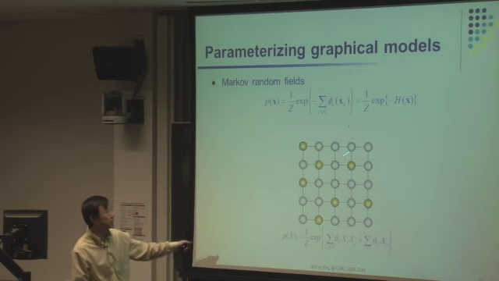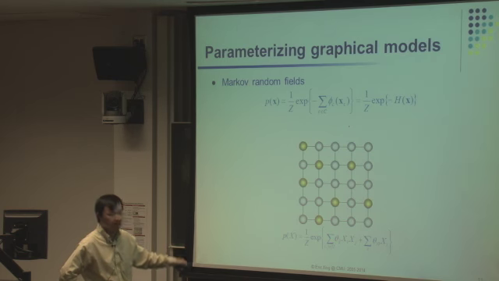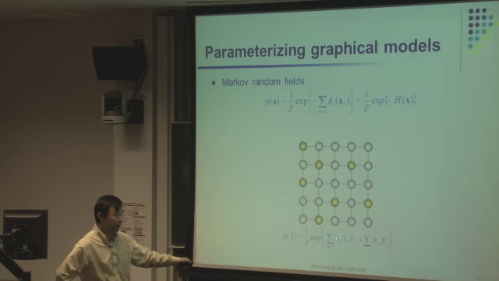For example, here we have the Ising model. And this is built on nodal potentials and pairwise potentials. The nodal potentials are often just the value of the random variable itself. And the pairwise potentials on the edge are often defined as the product of the two variables. Therefore, you can see a weighted combination of this and that.